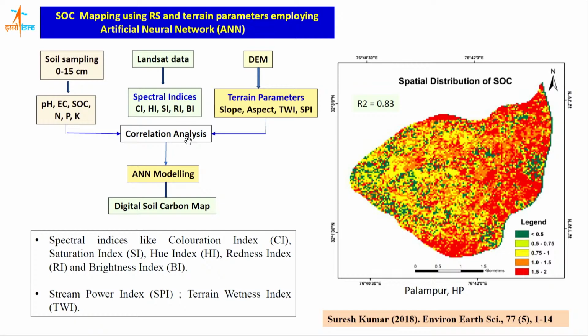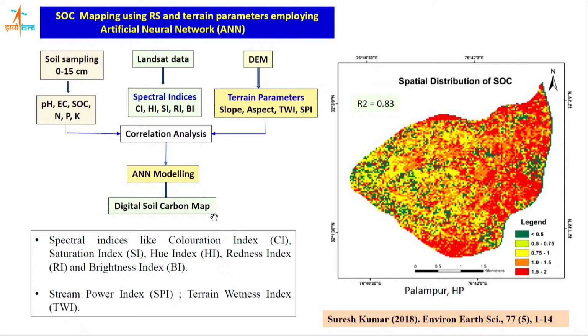Means you have developed the relationship using an artificial neural network model. And this ANN modeling did the relationship study between the soil parameters and the environmental parameters. These are the environmental parameters.